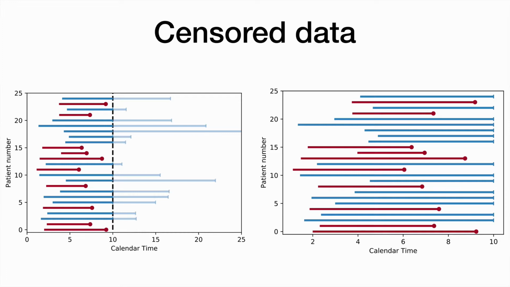So we can imagine that we have patients that survive much longer into the future. But at some point, we just have to close the investigation and say that we treat the patients that are still alive at the end of the study as survivors, and we try to compensate for that fact when we do our analysis later on.